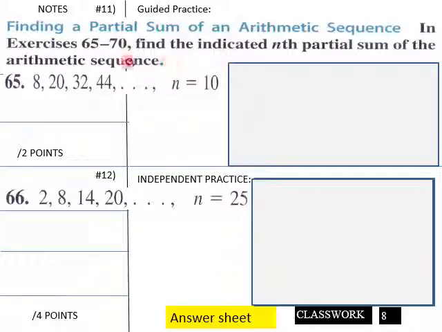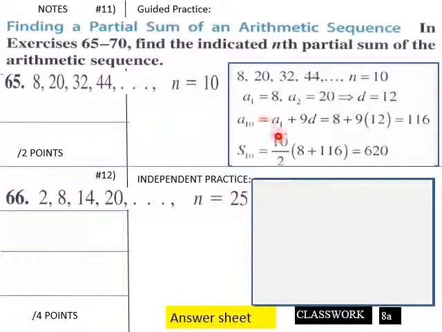Let's try one now. Find the indicated nth partial sum of the arithmetic sequence, where n equals 10. When we add up to 10 terms, we use our formula: 10 over 2 times a1 plus a10. So a1 equals 8, a2 equals 20, so we have a difference of 12.